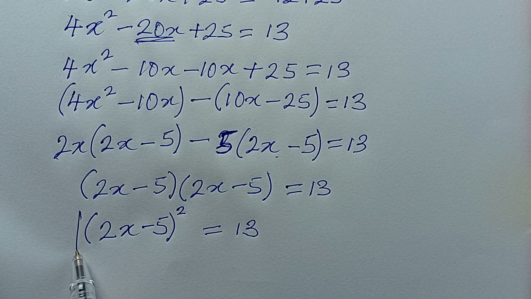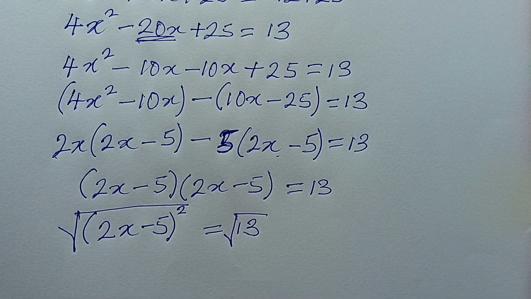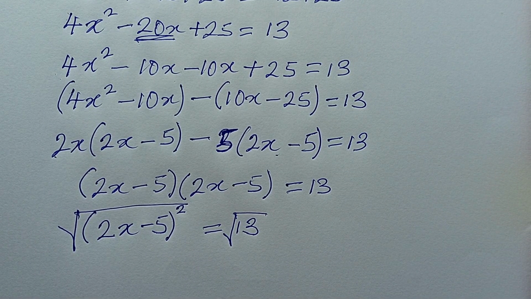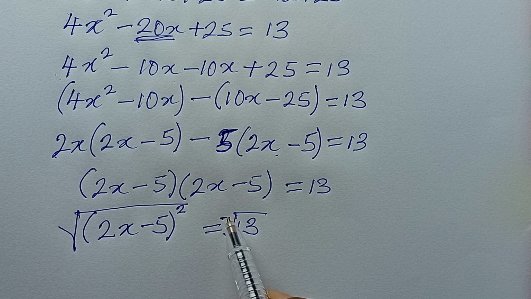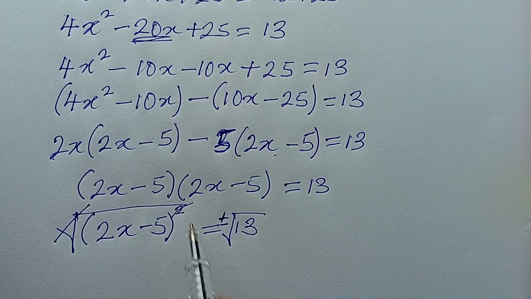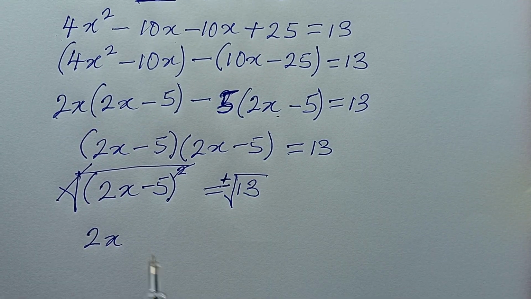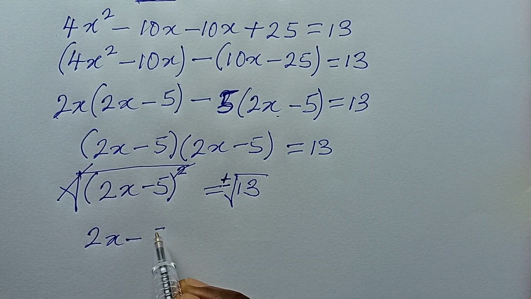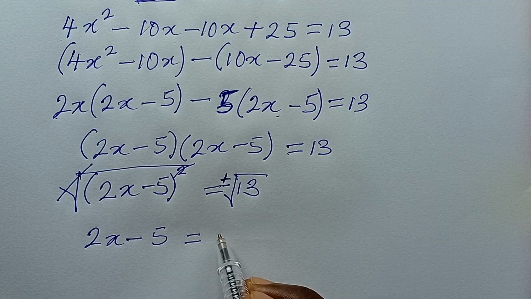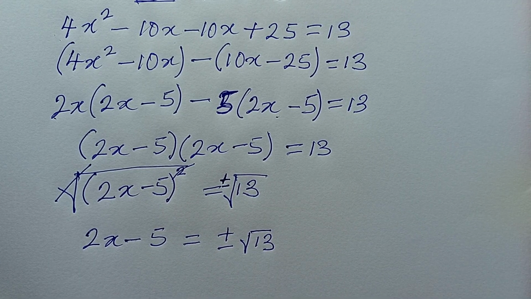So from here, we take the square root of both sides of the equation. Okay, so if we take the square root of this, we equally take the square root of this. And remember, when we take the square root of an expression of this kind, then we add our plus minus. So this radical goes with these two. We are now left with our 2x, then minus our 5 is equal to plus minus the square root of our 13.